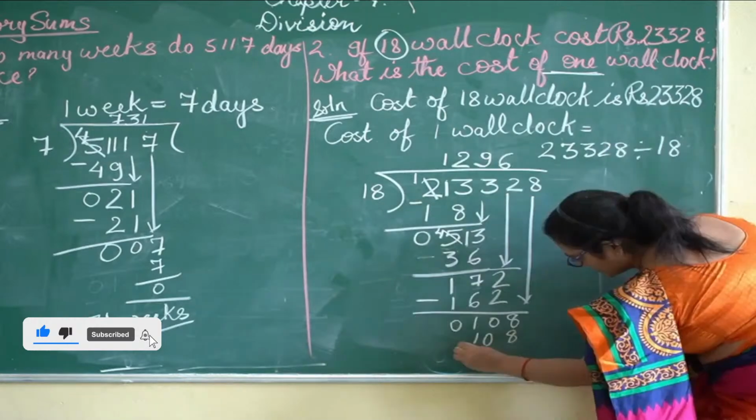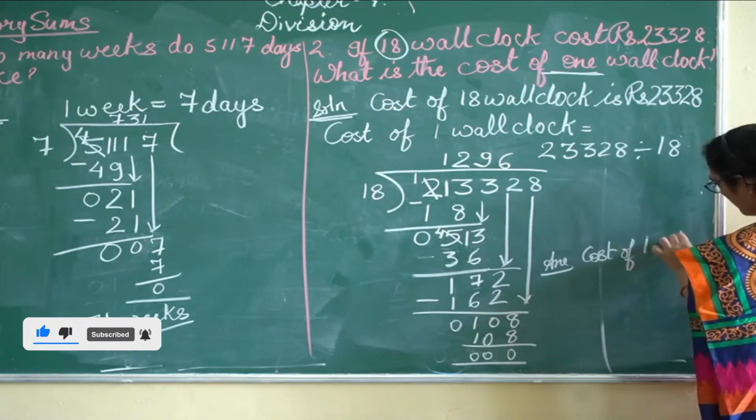Subtract 0, 0. Write the answer. Cost of one wall clock is rupees 1,296.